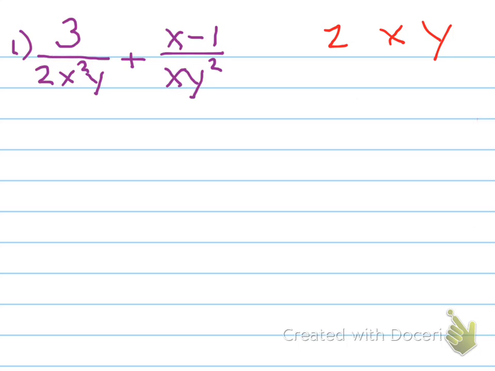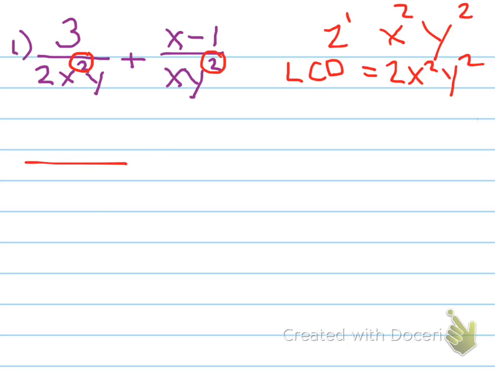Well, 2 is raised to the first power only. For x I see an x squared here, that's its highest power, and y has a y squared in one of the denominators. So this is the least common denominator, 2x squared y squared. And that will be the denominator that we use for both of our fractions, 2x squared y squared.